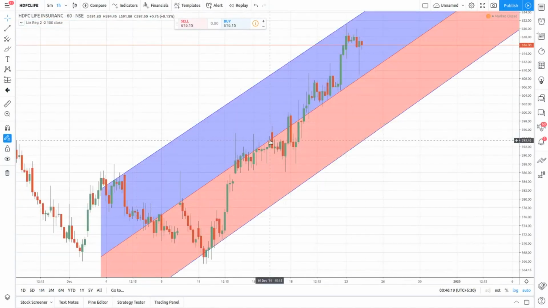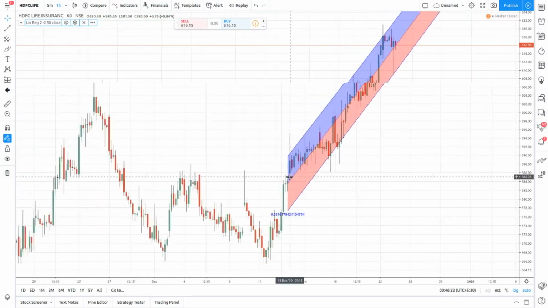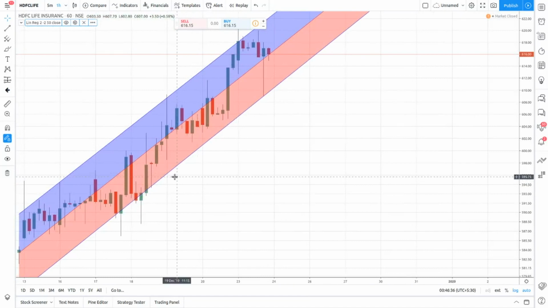Great. So we can clearly see that here the period is 100. Let me just change the period to 50 because we have also created the scanner for the 50 period. Okay, so this is how a 50 period regression looks.